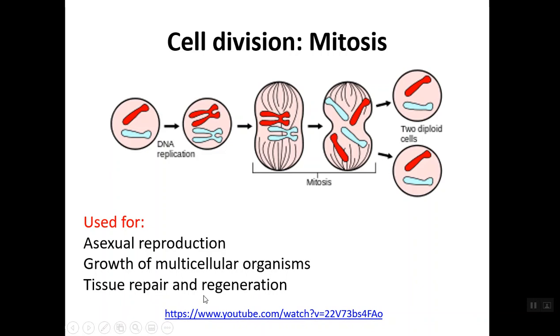Also, tissue repair and regeneration. If you get a scratch on your skin, how does the healing happen? The healing of your skin happens because there are stem cells that divide by mitosis, and are going to repair that cut or that scratch that has happened in your skin. And this is true for many types of tissues that can repair and regenerate.